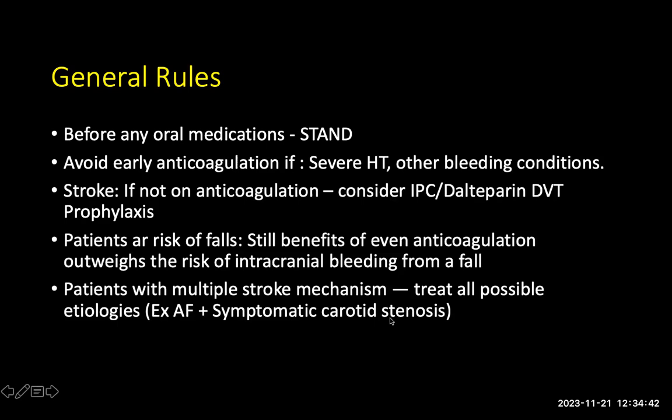You're going to treat that as well, right? Likewise, if you have a patient with significant carotid stenosis and you've referred him for carotid endarterectomy, it doesn't mean you'll stop looking for AFib, because they may have two coexistent mechanisms of stroke. So always look for all possible etiologies and always treat for all possible etiologies.